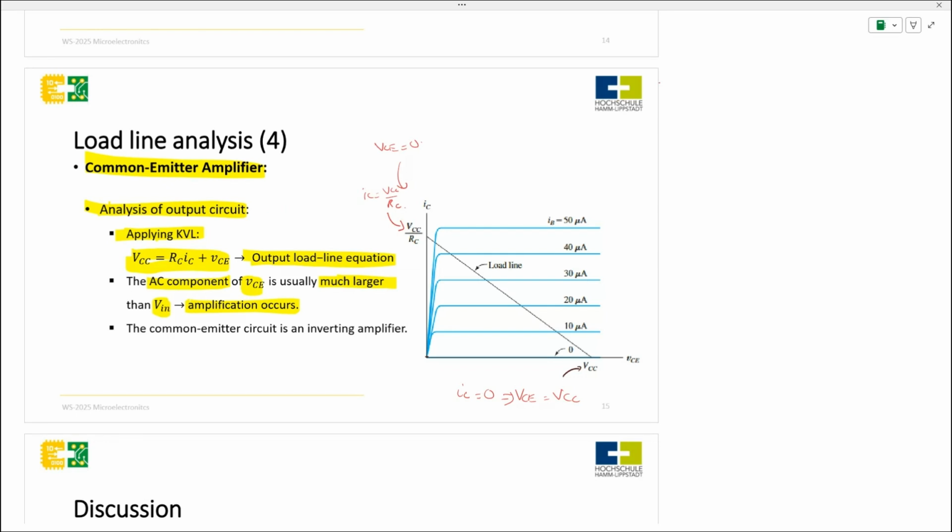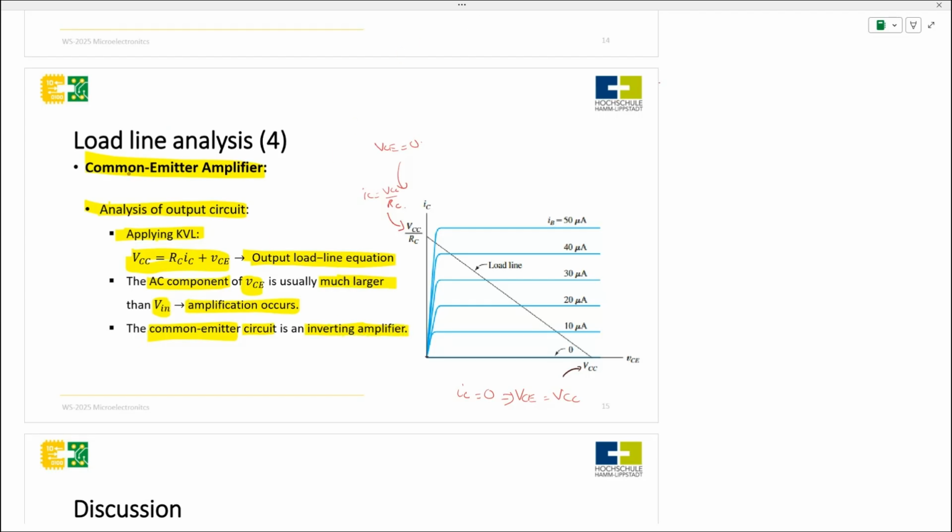And the final note, or maybe the other note: the common emitter circuit is an inverting amplifier. Put that in mind.